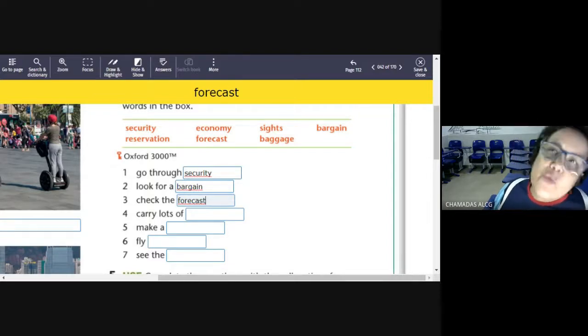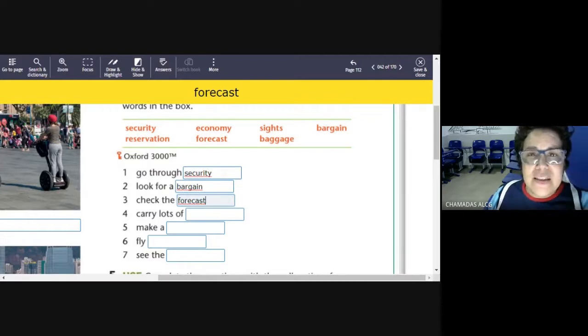Okay, so suppose you are traveling this weekend. Okay, suppose you are going to Búzios. So you need to have good weather, preferably sunny, right? But you don't know, so you check the forecast.